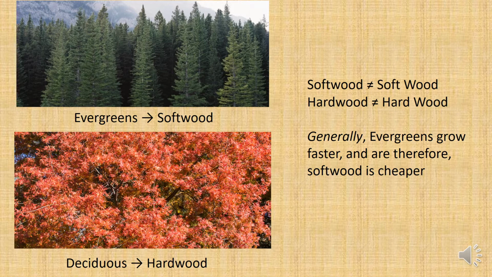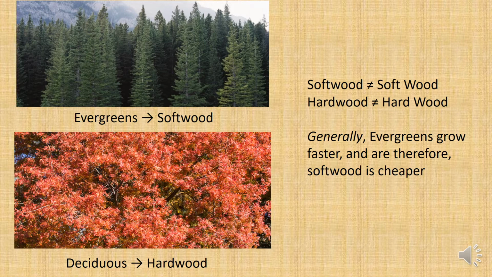That is what actually makes the tree grow. So basically, a deciduous tree is only growing for usually 6 to 9 months of the year. An evergreen tree, on the other hand, is growing for 12 months of the year.